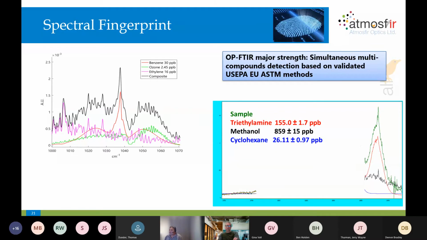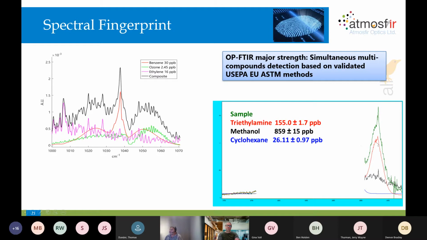But it's not that easy because a lot of compounds absorb light in the same region. And how I know, let's say in the picture on the right, green is what we are measuring in the field, and it's a superposition of methanol, cyclohexane, and triethylamine.